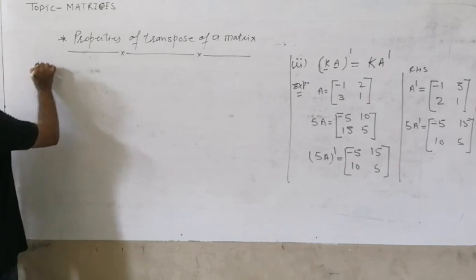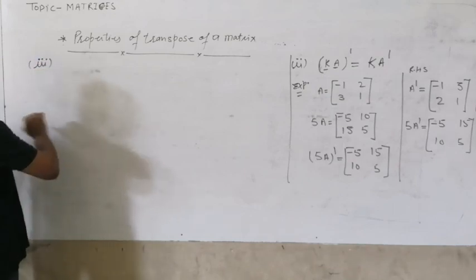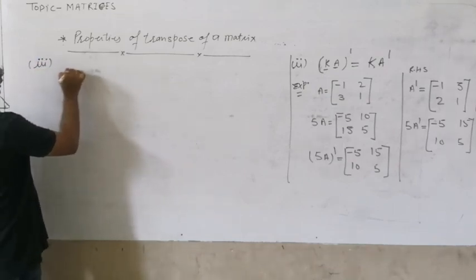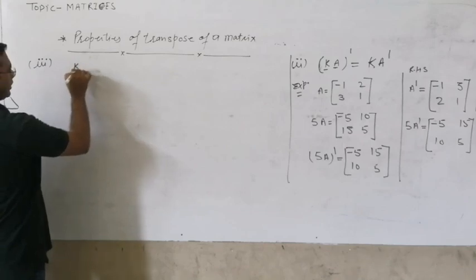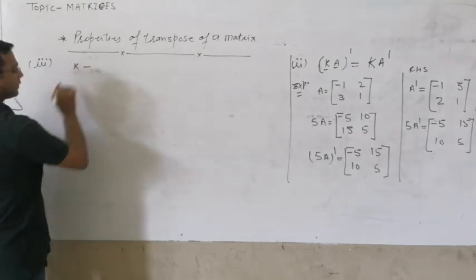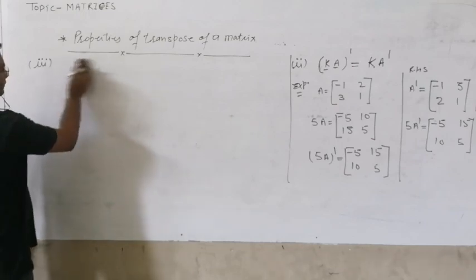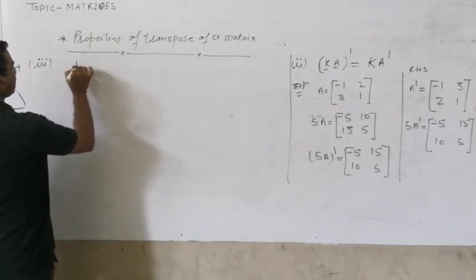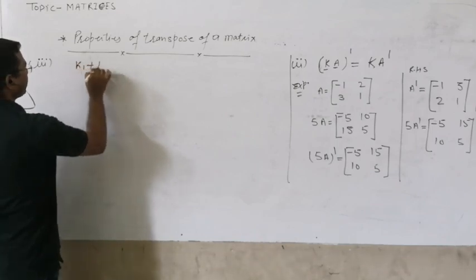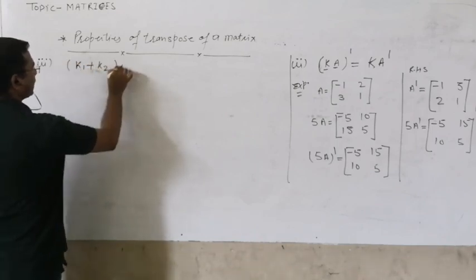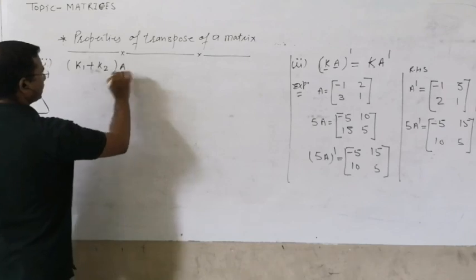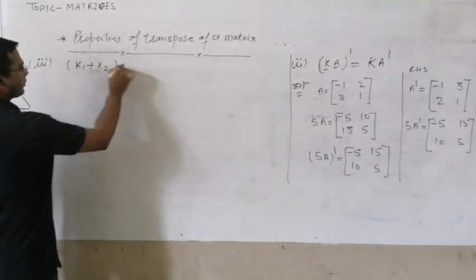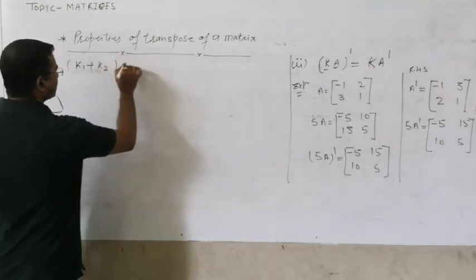See students, there is one more property it holds. If it is K1 plus K2 and here it is A, we want to find out the transpose of this.